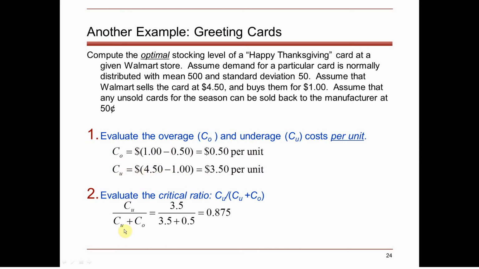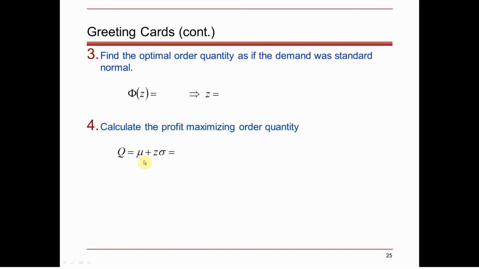So looking at the critical ratio, the underage divided by the underage plus the overage gives us 0.875. So a service level of 87.5%. This is the probability that we sell a certain number of cards or less at the optimal value. So the optimal order quantity is just looking at the standard normal.